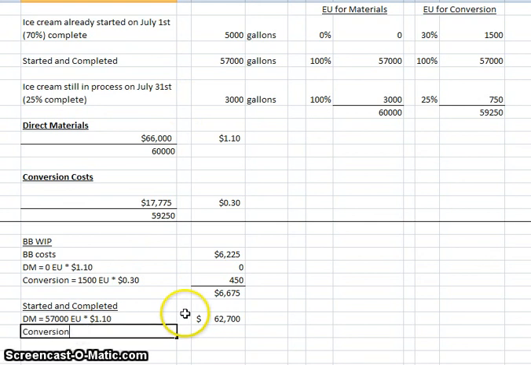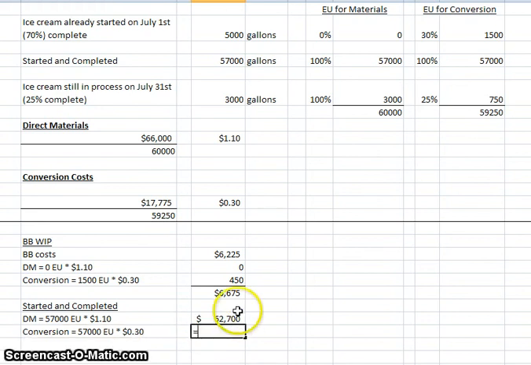The conversion costs were, again, since they were started and completed during the month, the full amount. So you have 57,000 equivalent units at 30 cents a piece. So the conversion cost to finish those units was $17,100. So the summary of those costs is $79,800.